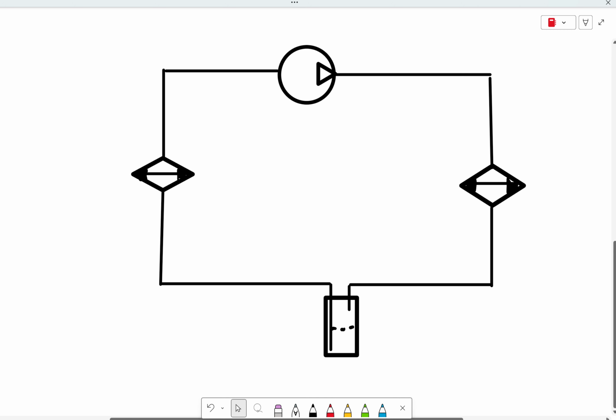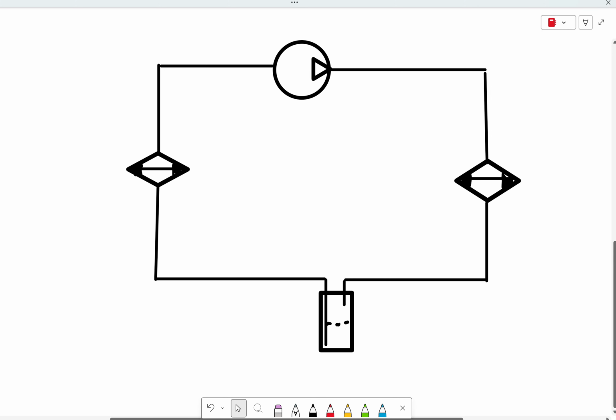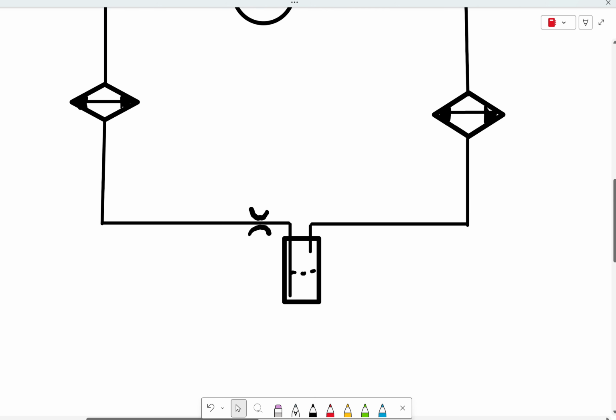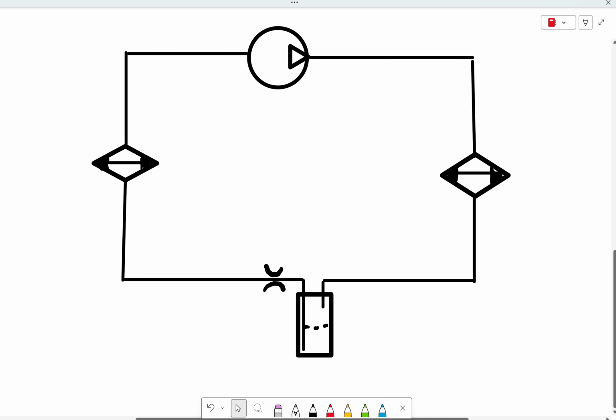And then, like I said, we do have a restrictor in here. That restrictor we're going to call the expansion valve, and it's going to fit over here somewhere in between the receiver dryer and the evaporator. Okay. Your expansion valve is a variable restriction. It's something that we can control. Okay.